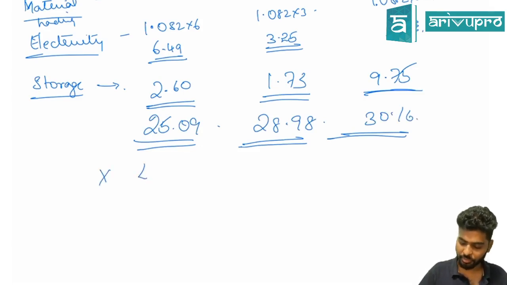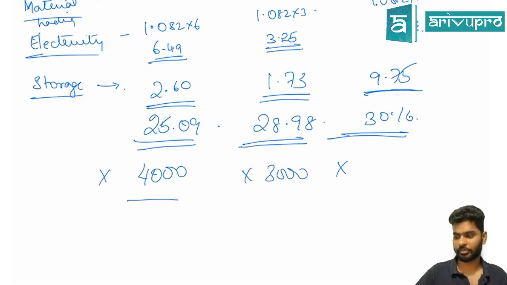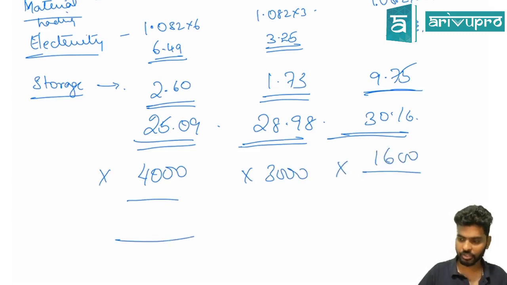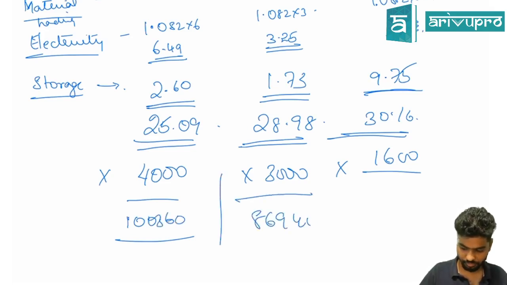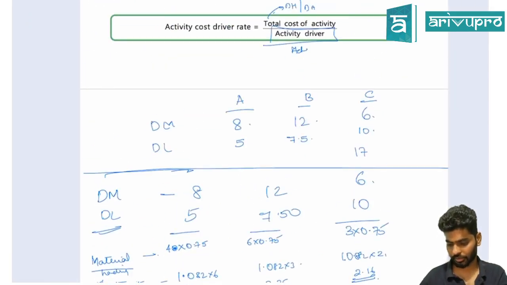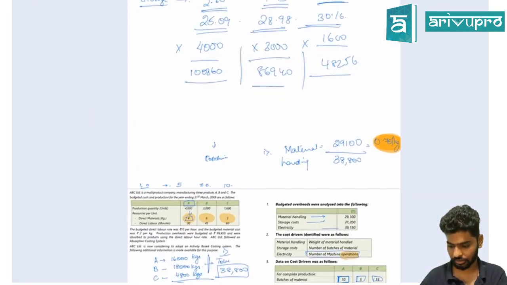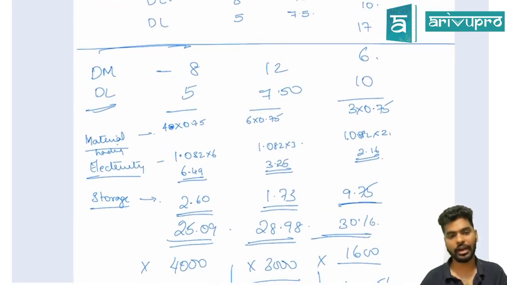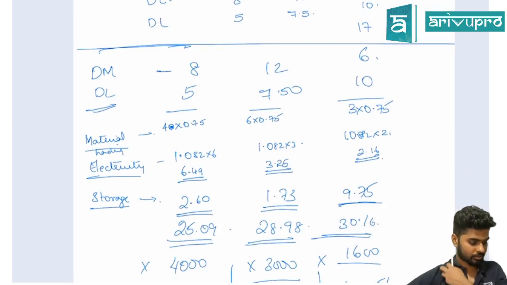How many units am I producing here? 4,000. Here I'm producing 3,000. I'm producing 1,600. So when I do a total cost, it will be 1,00,360. Are you guys clear? Understood the difference between activity based costing and overheads?